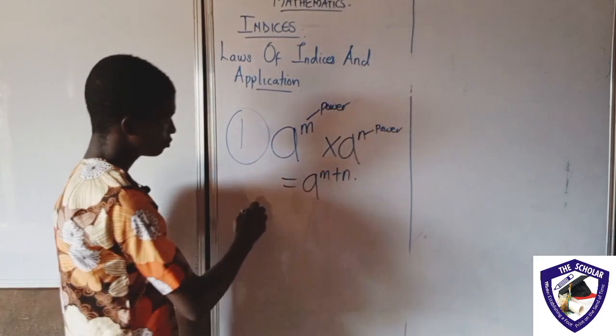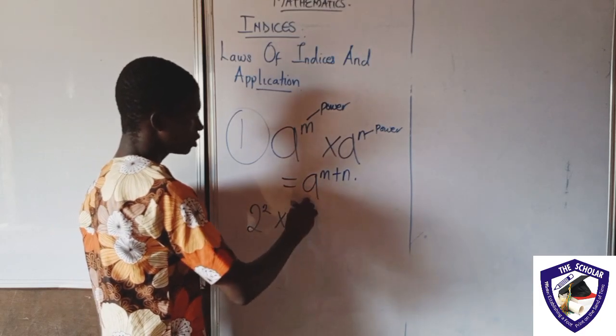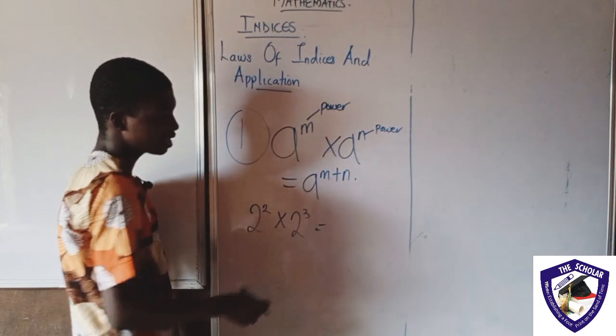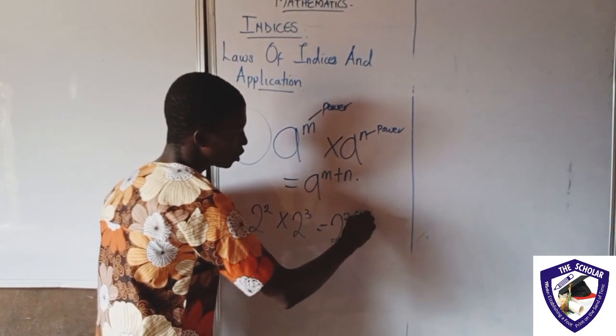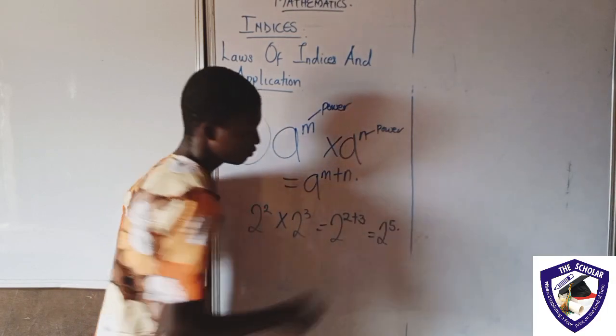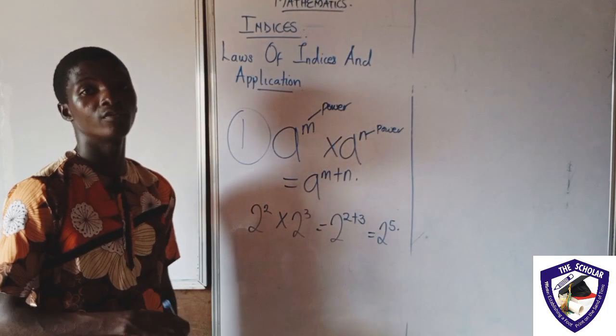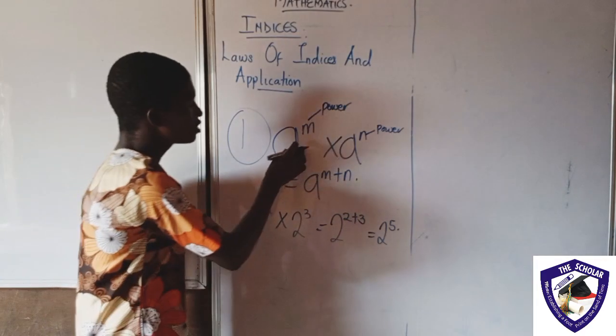For example, when you have 2 raised to power 2 times 2 raised to power 3, this law is telling us that we have 2 raised to power 2 plus 3, then you have 2 raised to power 5 using the first law of indices. That means the first law of indices can only be used when you have a similar number.